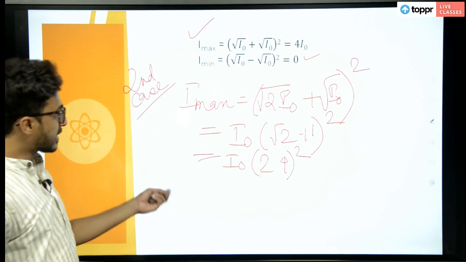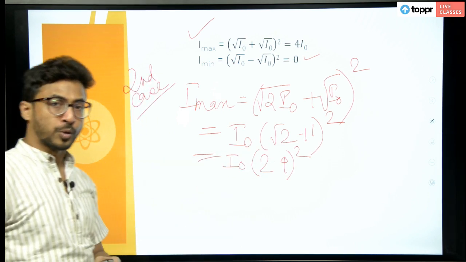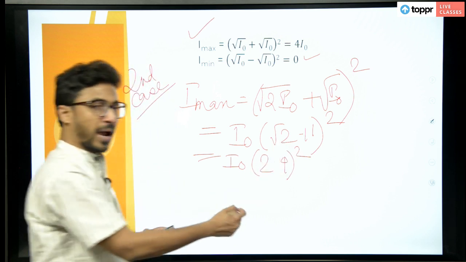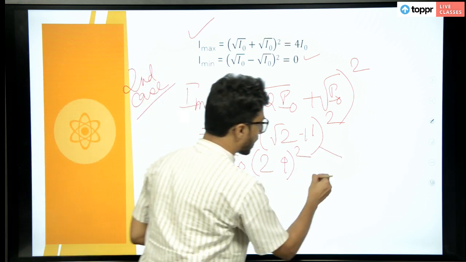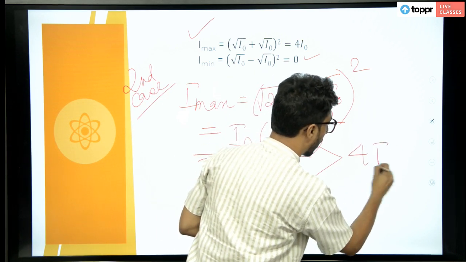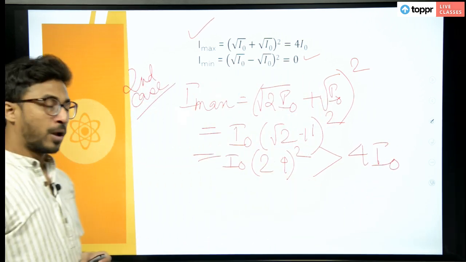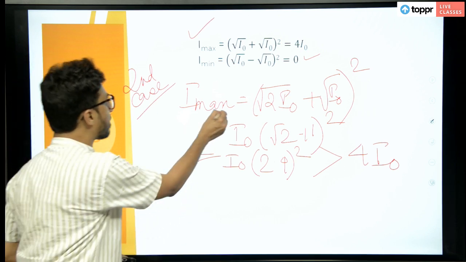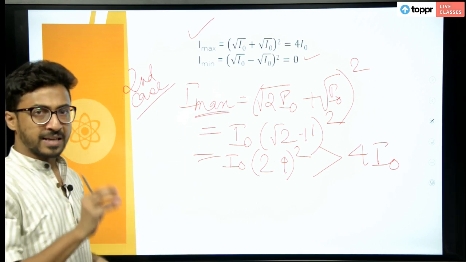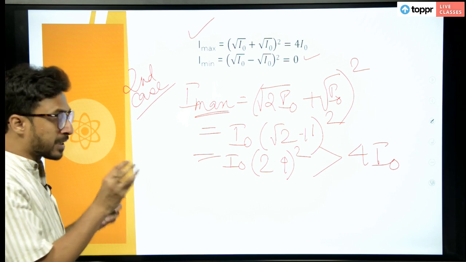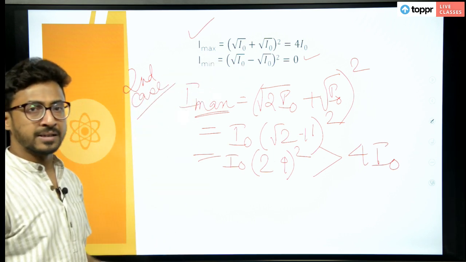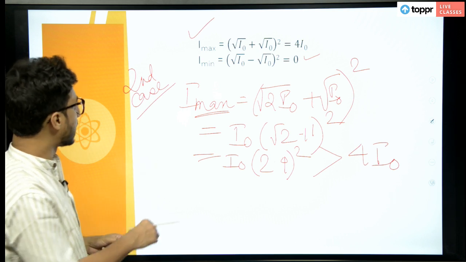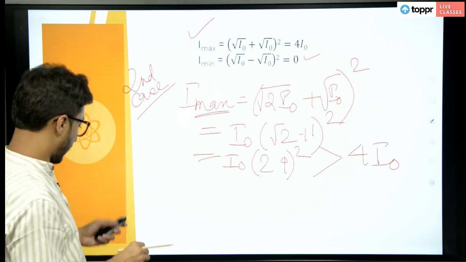Now I0 into 2.4 whole square, definitely 2.4 square is greater than 2 square, that is 4I0. It should be greater than 4I0. So what happens in the second case? The I maximum, that is the intensity of the brighter fringes, is greater than the intensity of the previous case, right? And what about the destructive interference?